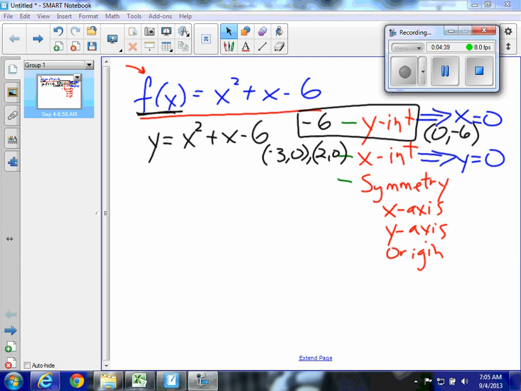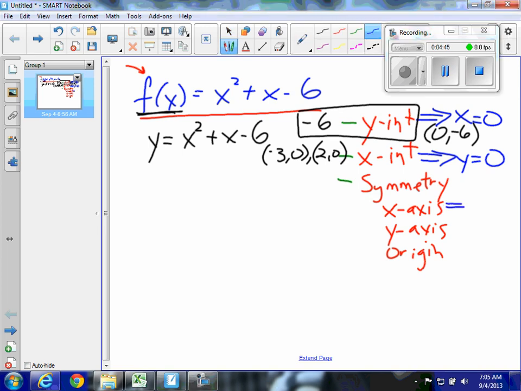Let's take a look at symmetry. For x-axis symmetry, what I do is I change y into negative y. For y-axis symmetry, I'm going to turn x into negative x.